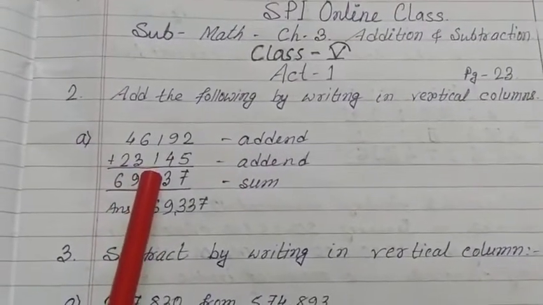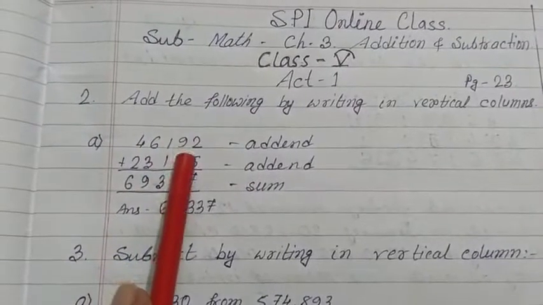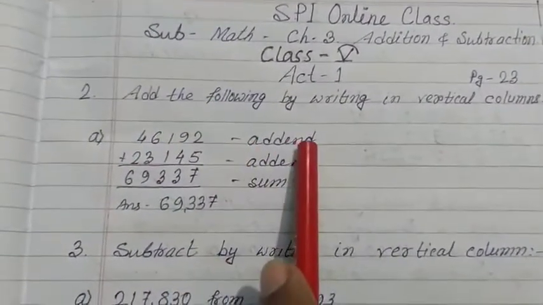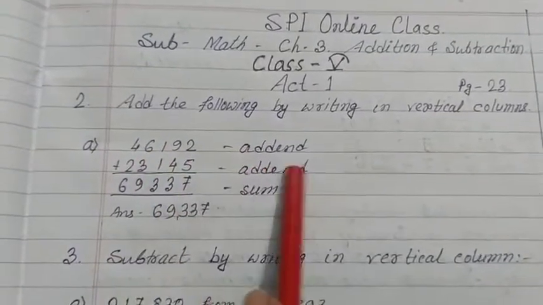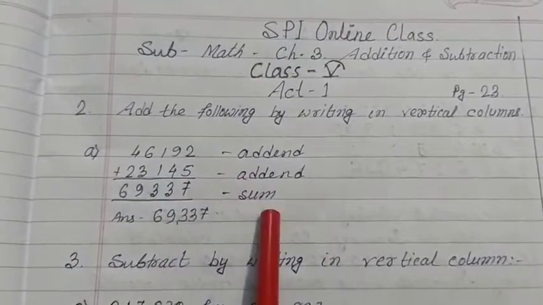One thing you should know: the numbers which you are adding, the first number and the second number, are called addends, and their addition is called sum.